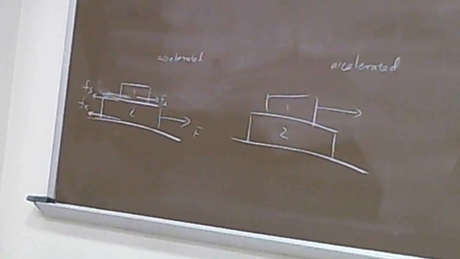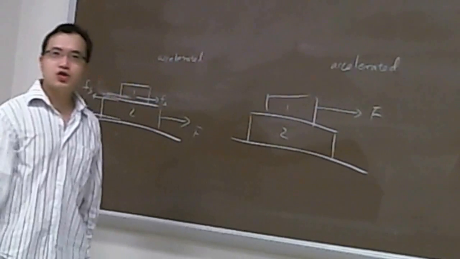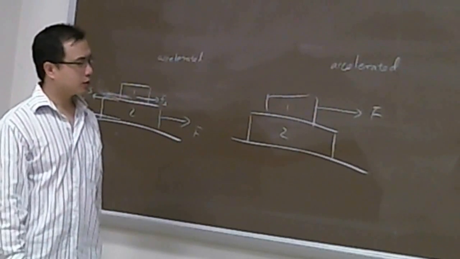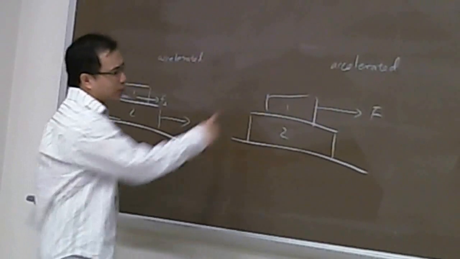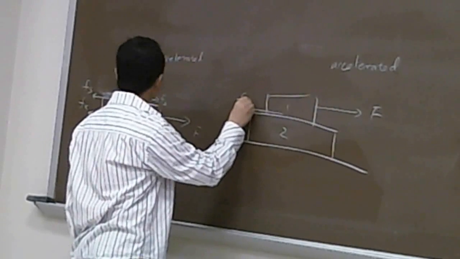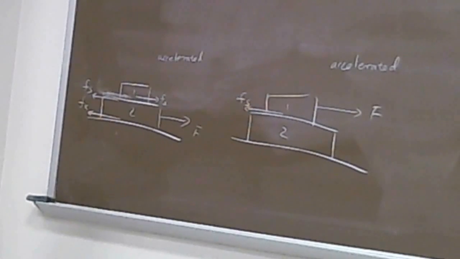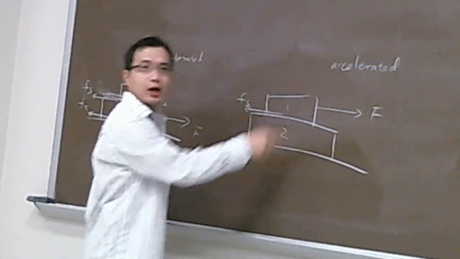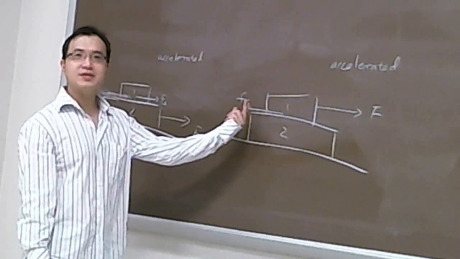Now, if I'm putting this with some external force, now let's check what difference it makes. There must be some static frictional force here. If these two are not moving together, the friction force can only be static.